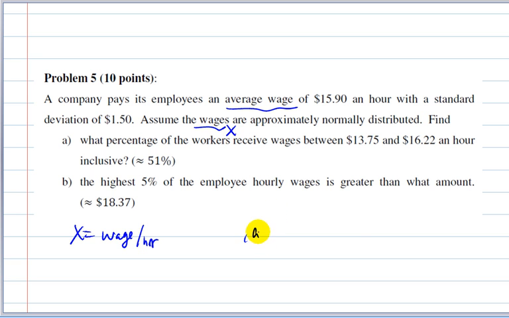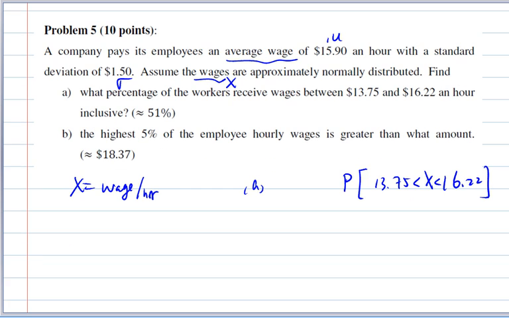Then the part A you're looking for is the probability of x within this range. This is your mu, and that's your sigma here. According to the process we were just talking about in the previous lecture, you can do that.